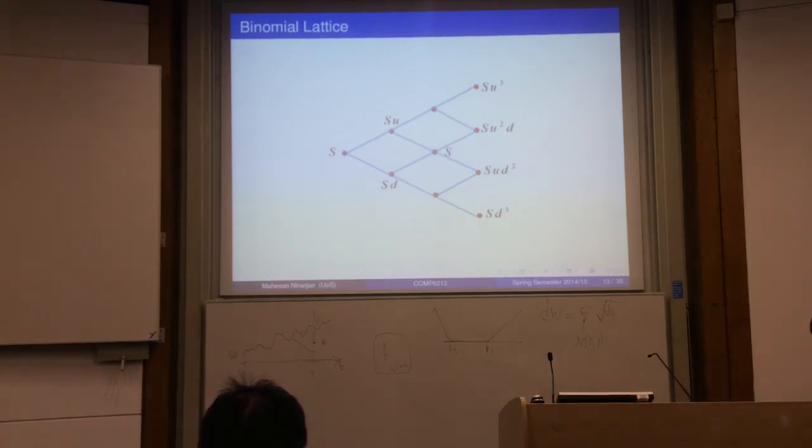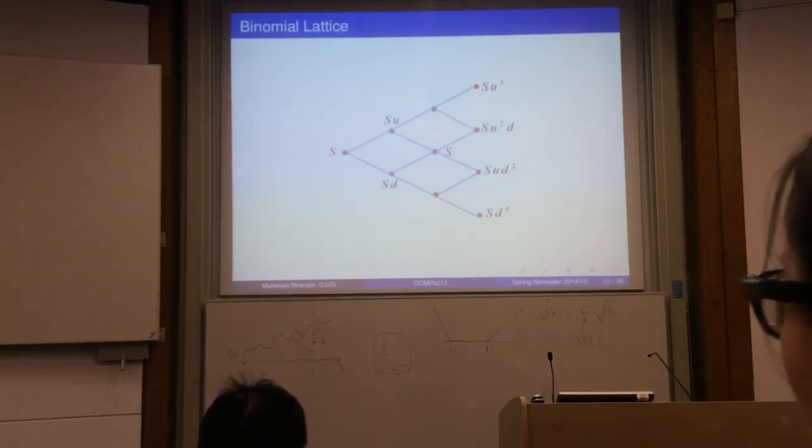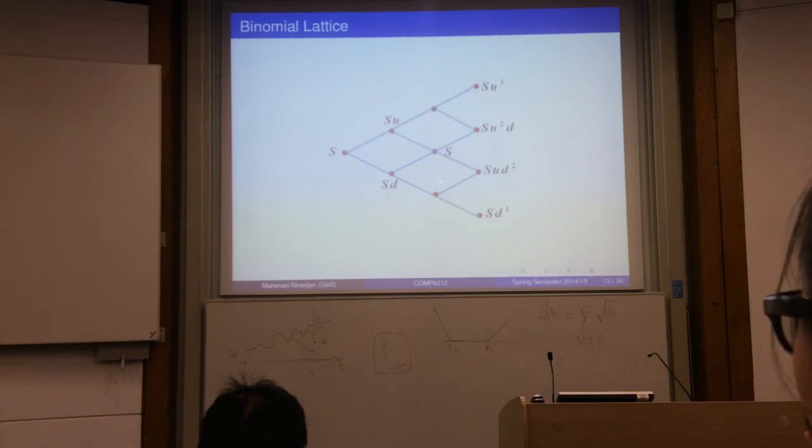Then I would ask the question, what should the parameters of this be in order to precisely match this one? You can imagine if I split time into fine slots, then asymptotically I will prove to you that this one can model that one.